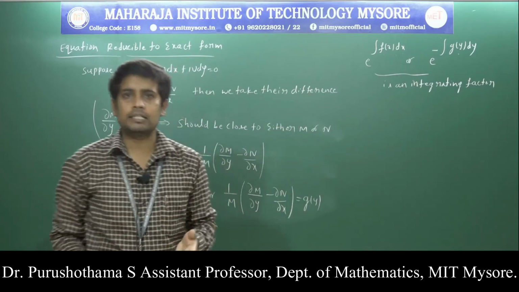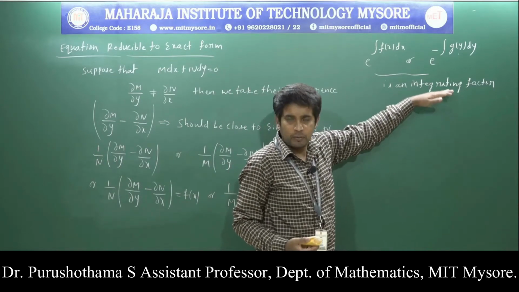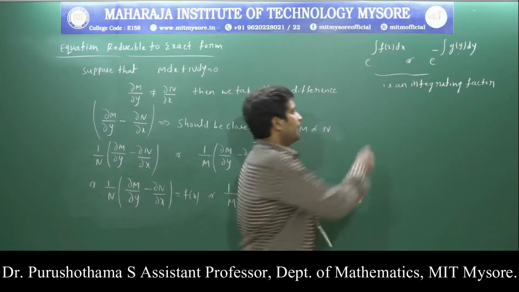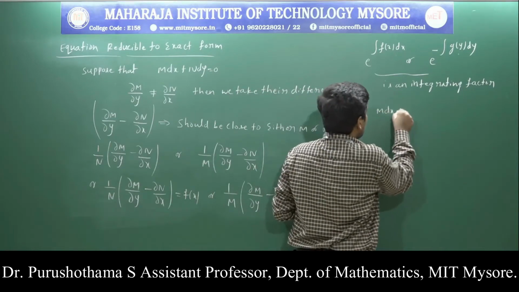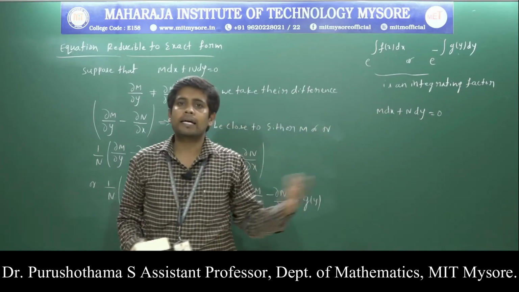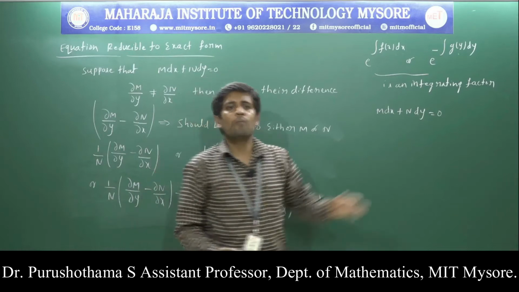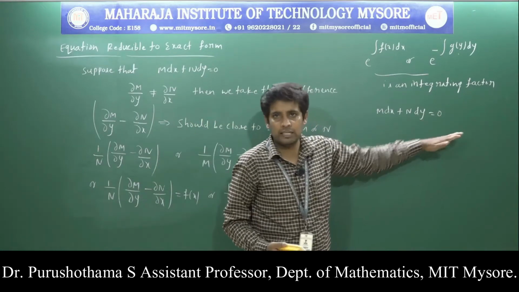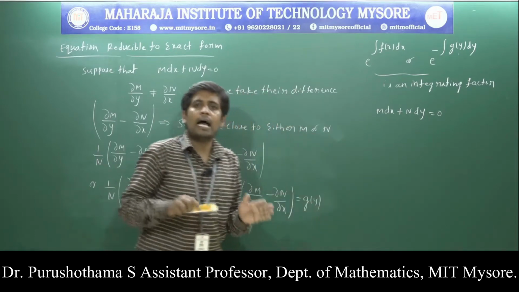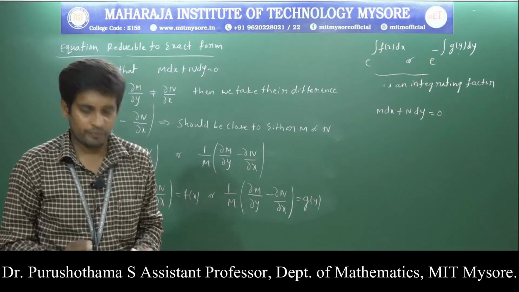For further continuation, multiply this factor into the equation M dx plus N dy equal to 0, which will make an exact differential equation, and then solve the modified exact differential equation. This is the procedure for finding an integrating factor for the given differential equation.